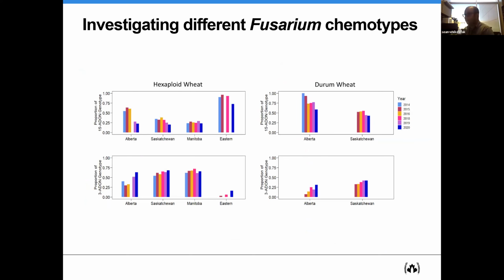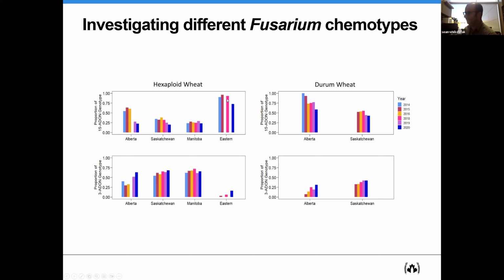We could also look at the different toxins that are being made using toxin-specific DNA markers. At the top, we have the marker that we used for assessing 15A-DON. And you can see that even across our sample years, 2014 to 2020, there's a decrease in the amount of 15A-DON genotypes that we observed. In Alberta and Saskatchewan, and Manitoba is a bit level.